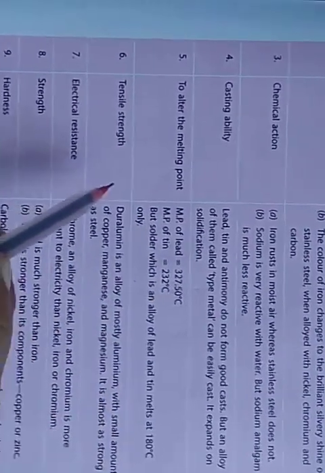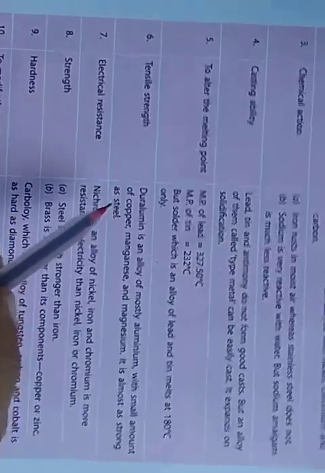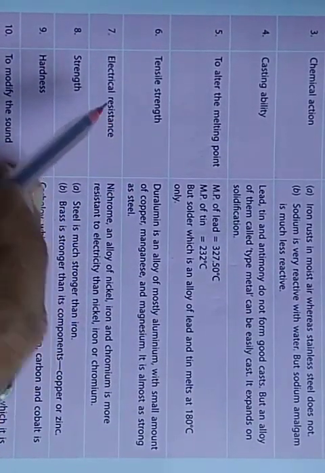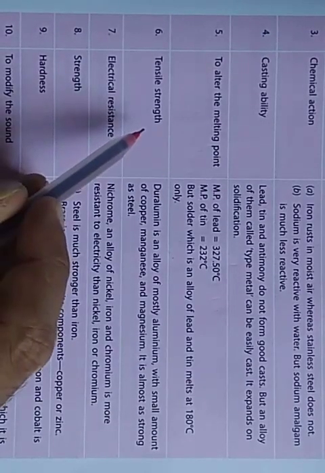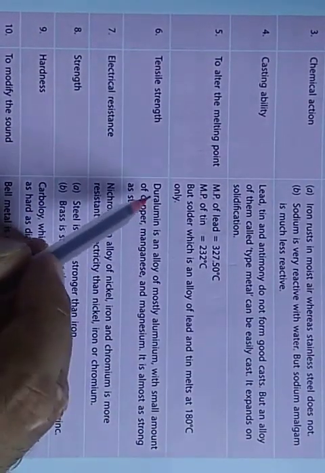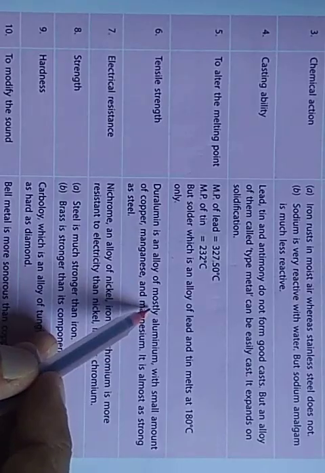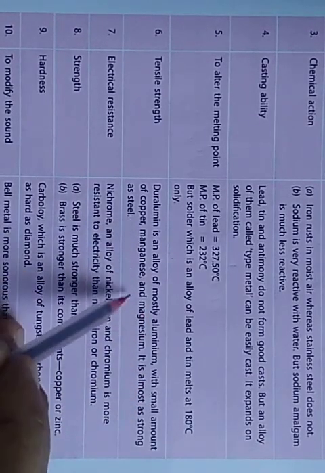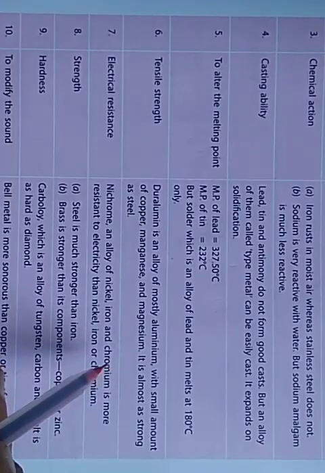Now tensile strength. The tensile strength of an alloy is higher than that of its constituent metals. For example, duralumin is an alloy of mostly aluminium with a small amount of copper, manganese and magnesium.